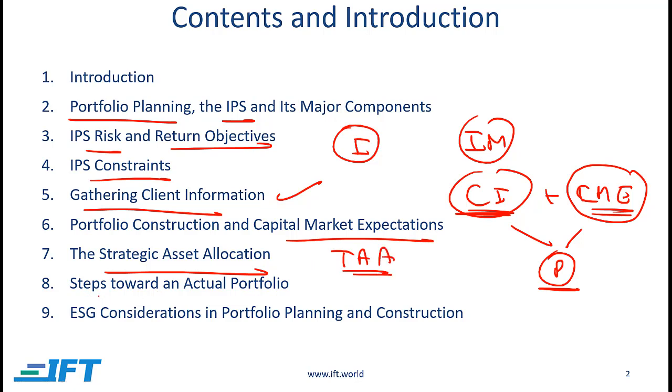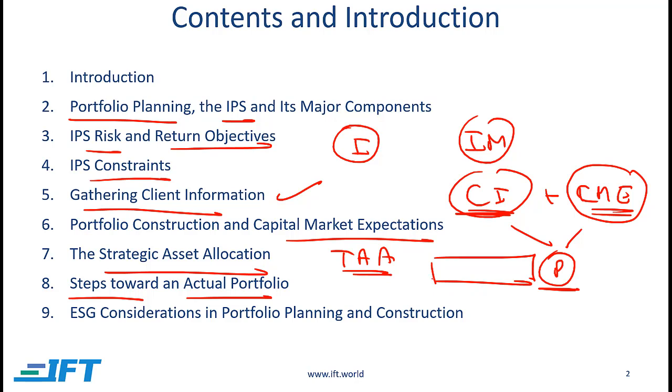We'll also talk about the steps towards an actual portfolio, and a central concept here has to do with risk budgeting. In risk budgeting, we will look at the fact that we need to understand the total amount of risk that an investor can take. So a given portfolio should have a maximum amount of risk based on the investor's profile.